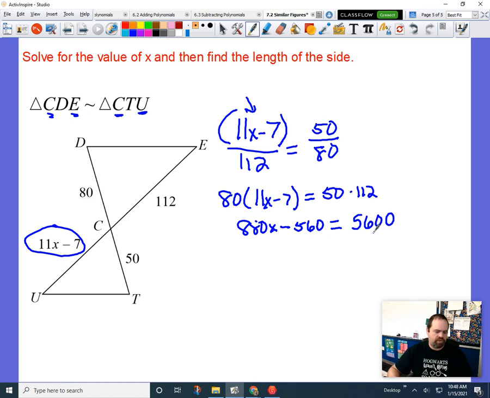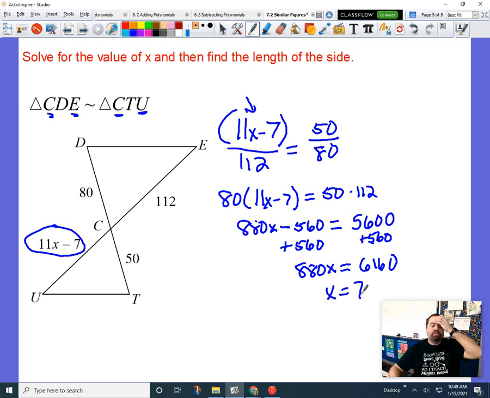Double check one of my numbers here. Yep. Okay. So just a little bit of algebra. Again, it's first day algebra here. Nothing too outrageous. So 880x equals 5,600 plus 560, which is 6160. Divide that by 880. I got 7. So all of that work to get 7 is your answer.